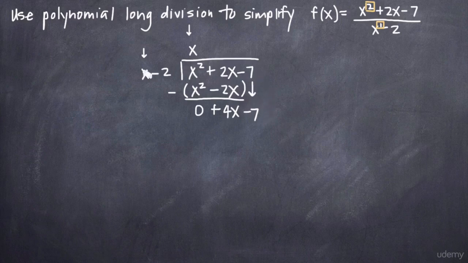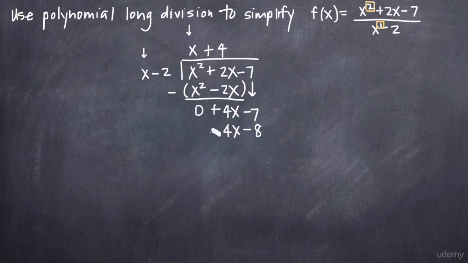Now we need to figure out what we need to multiply by x in order to get 4x. Well, if we multiply x by 4, we'll get 4x. So we go ahead and write a plus 4 on top. Then we take 4 and we multiply it through x minus 2. So 4 times x minus 2 gives us 4x minus 8.